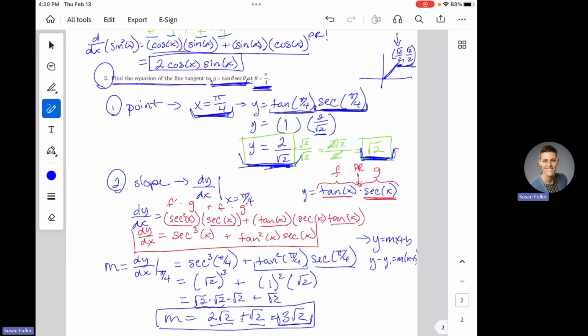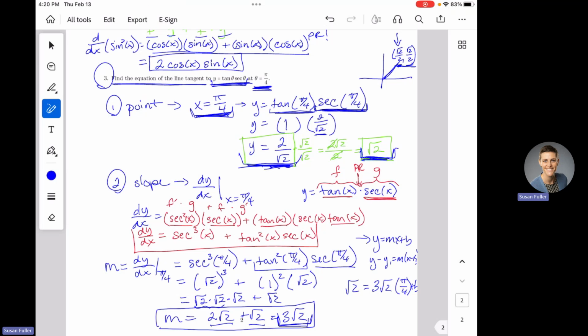So my y value is root 2 over 2, but again, I'm going to use root 2 for that. My slope, we simplified to 3 over root 2, or sorry, to 3 times root 2. That's my slope. My x coordinate is pi over 4, and then plus b.